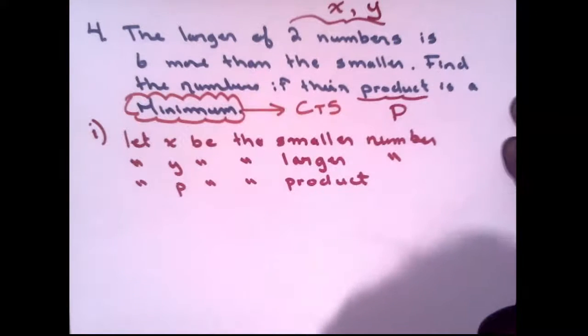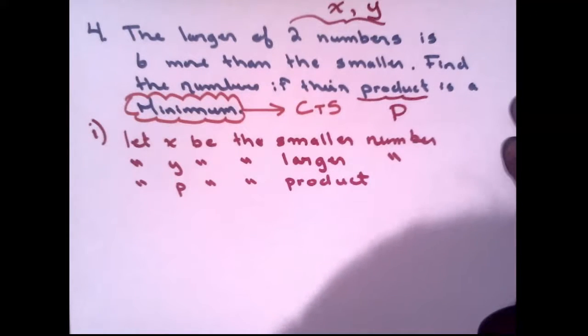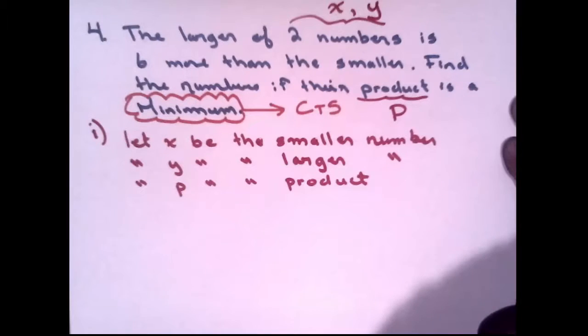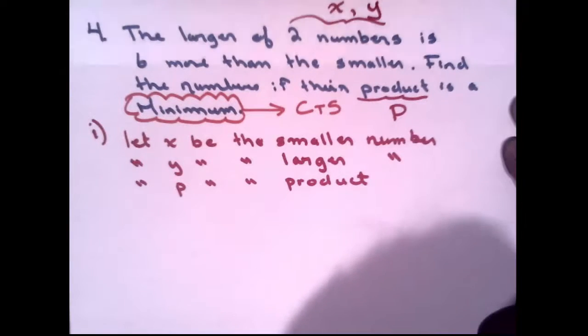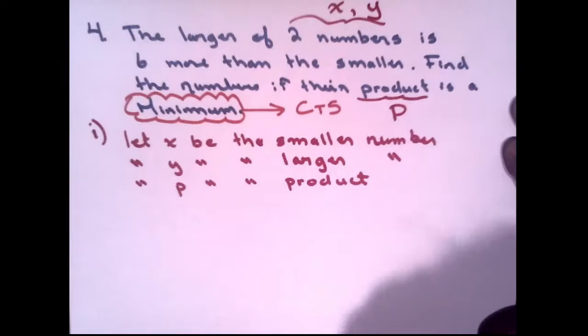All right? As opposed to seeing things like solve, or the absence of words like maximize, minimum. If you see the words like solve, okay, that means you're going to be factoring. If you're not factoring, you're using the quadratic formula to solve. Okay, so here we're going to need to complete the square, but only after we create an equation that relates this situation. Okay, so let's do that.